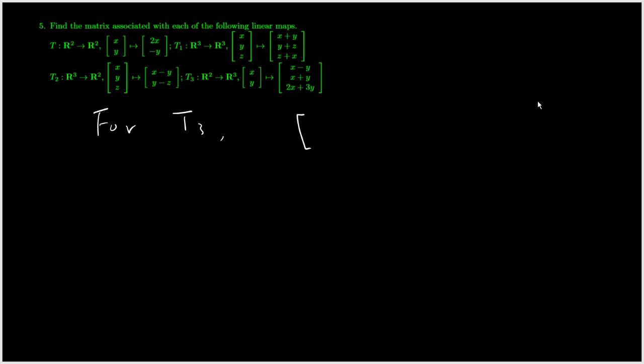The domain is R2. The codomain is R3. By that we mean the inputs have 2 components and the output has 3 components. I hope it's not too weird. In order to get T3, we need the outputs for the inputs of i and j in R2, the standard basis vectors.